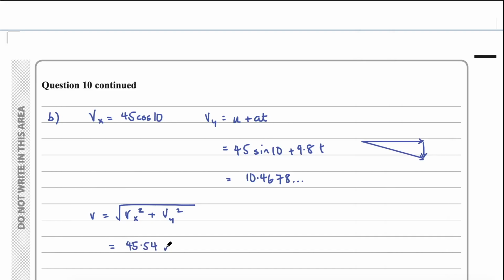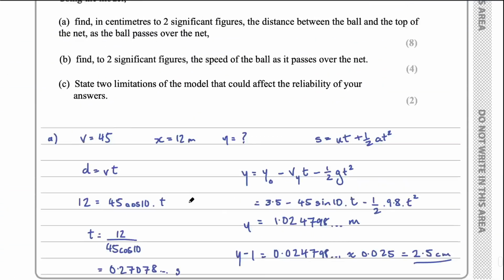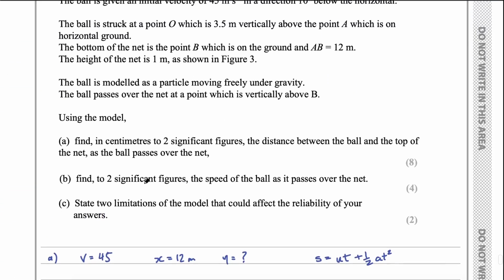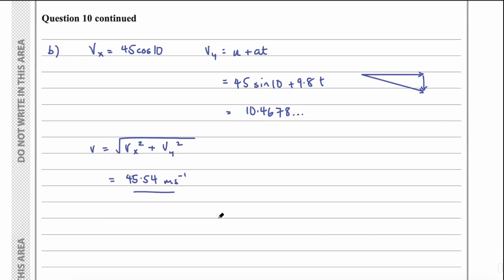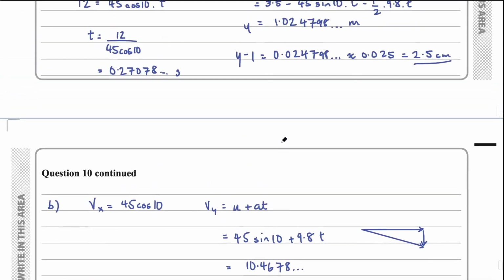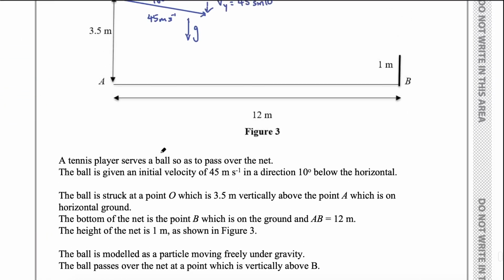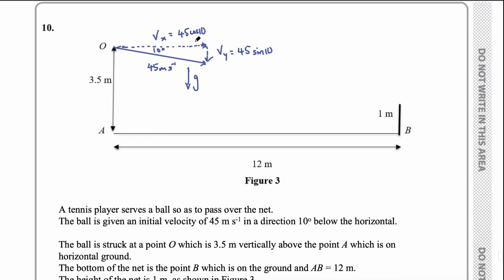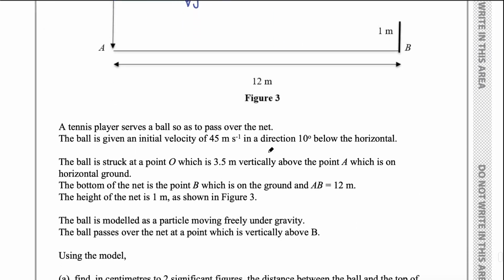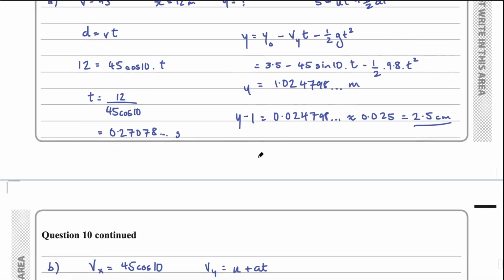45.54 meters per second. So what did the question ask for? It said to two significant figures. Okay, so this is going to be 46 meters per second. And again, let's look back. The initial velocity was 45, so that has actually sped up due to that acceleration.